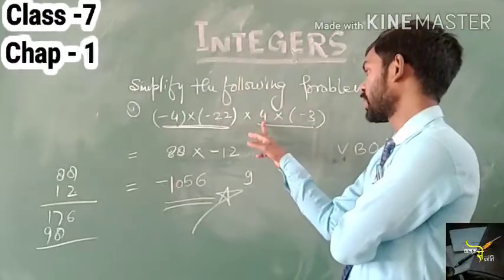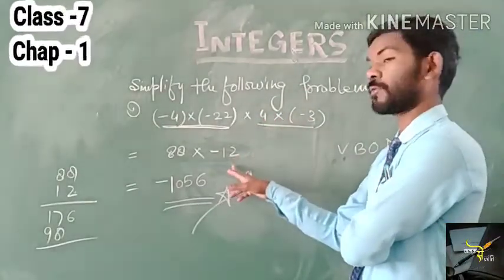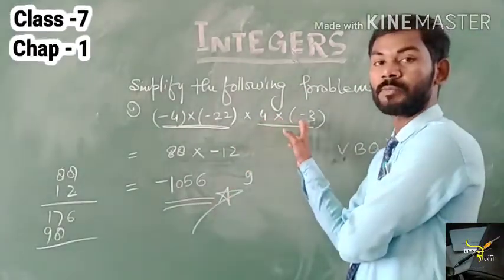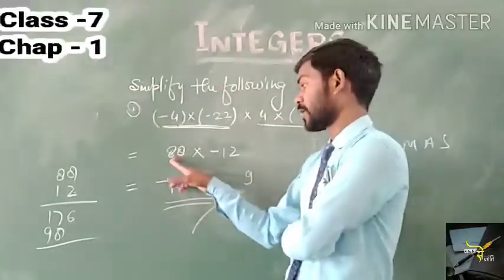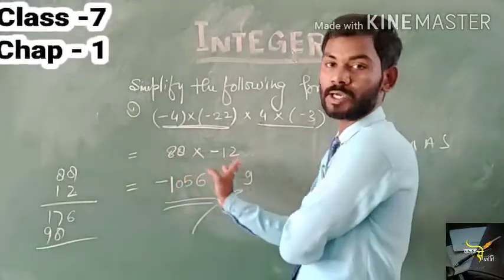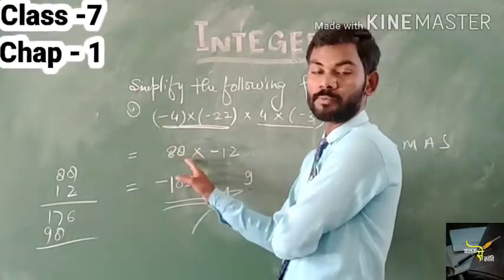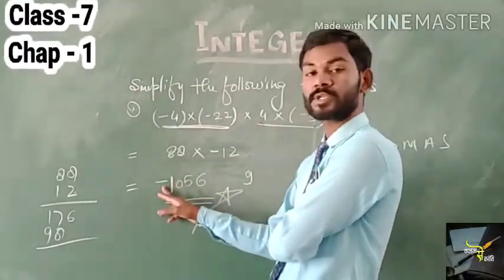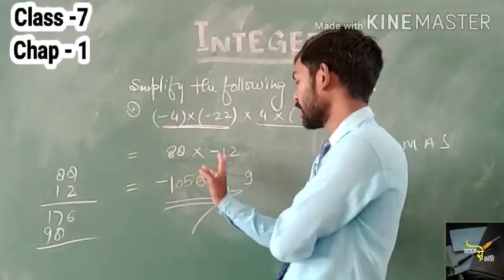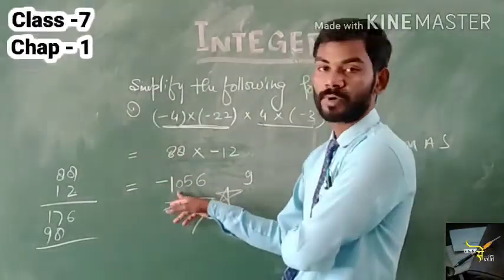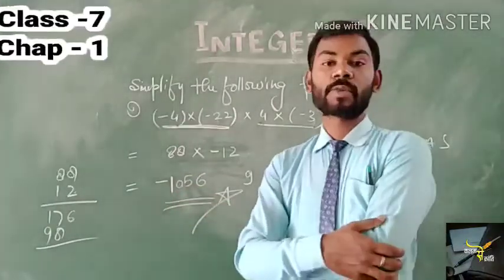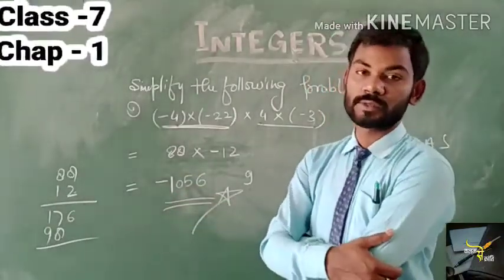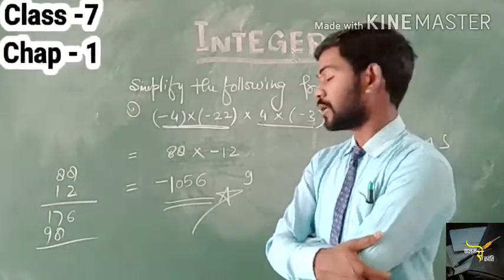So when we multiply 4 by 3 we get 12, and plus multiplied by minus is minus. Again here 88 is plus and 12 is minus. So plus and minus multiplied give us minus, and 88 multiplied by 12 gives us 1056. Therefore minus 1056 is the right answer.